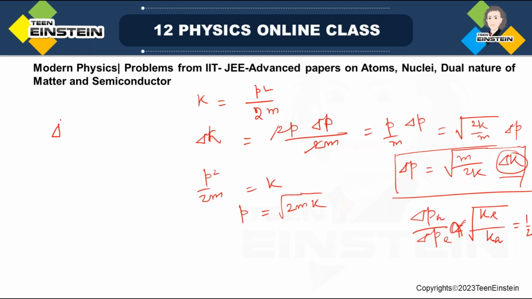So this is actually not true. This is proportional, but there is a constant, this delta K, the change in the kinetic energy, which will have some value. So this would make this not equal to half. All right, so we'll move on to the next problem.